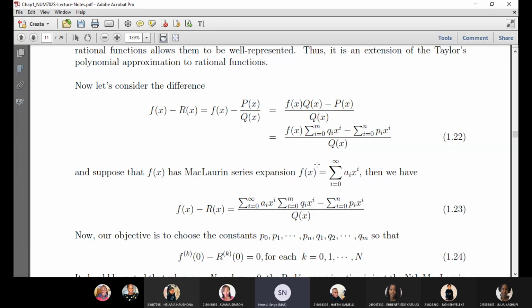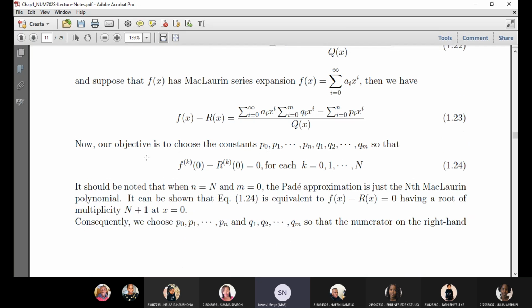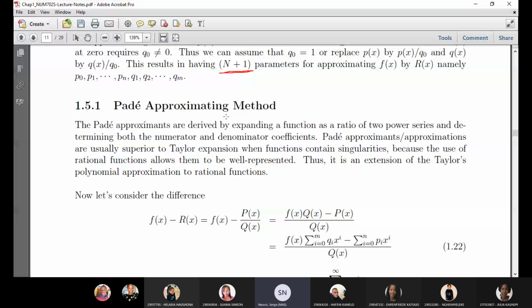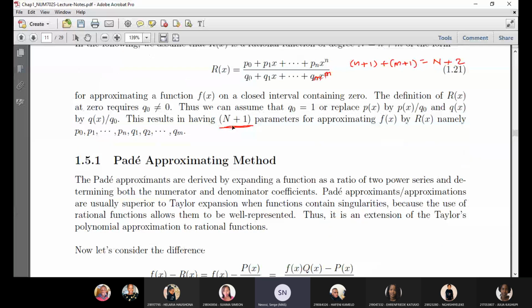We will see it with an example. You don't actually need to know all the terms. You just need to know a few of them because they will be useful in the algorithm that we are going to describe very soon. Good. Now, if we substitute that expansion here in the numerator, we are going to design our algorithm in such a way that we will only compute these n plus 1 parameters.